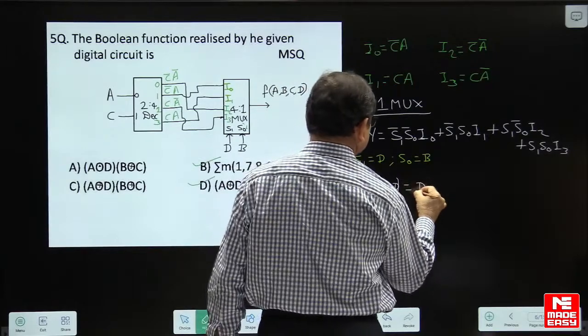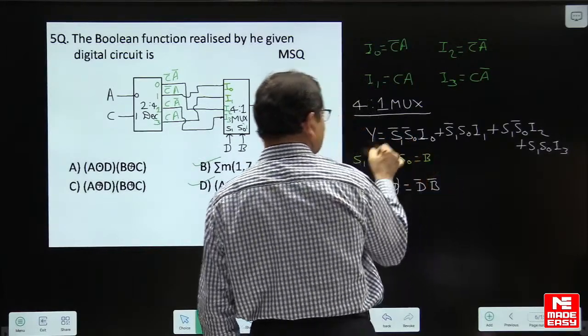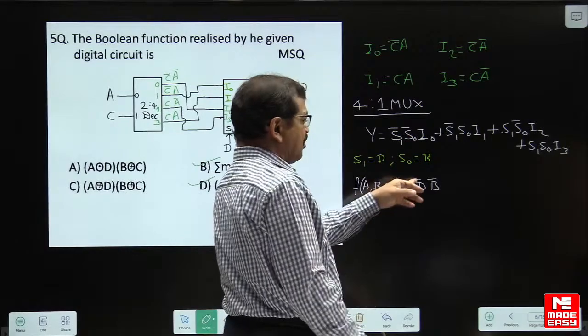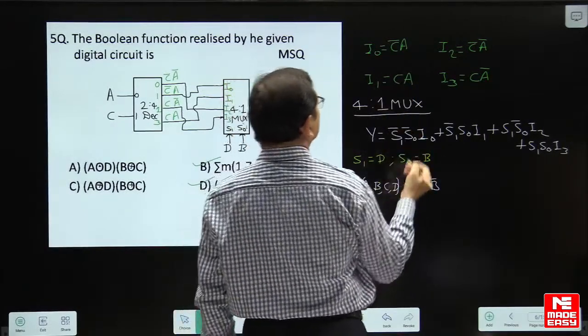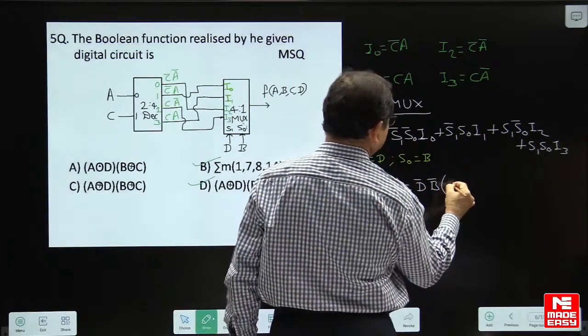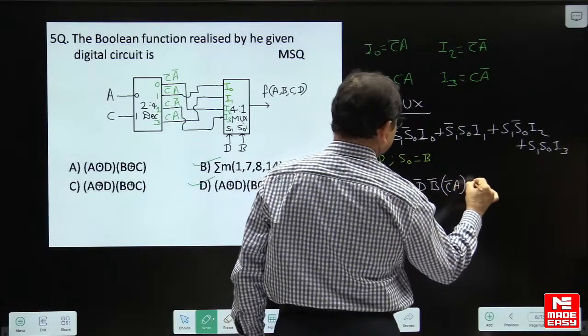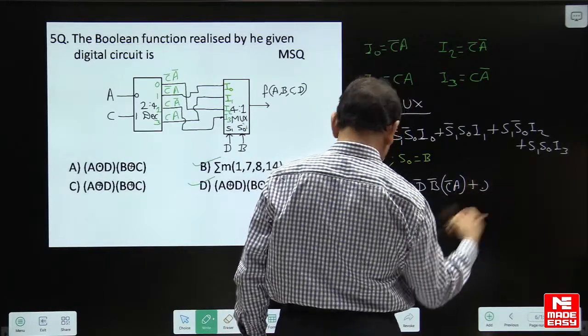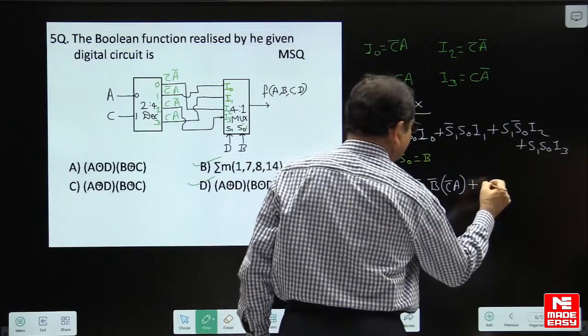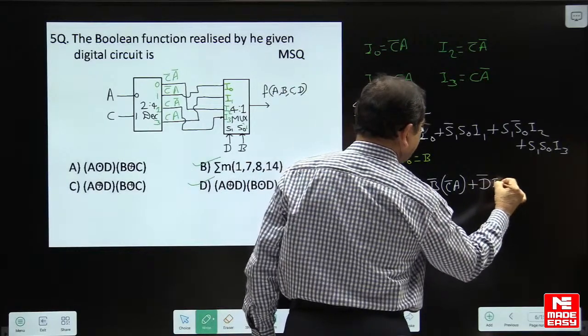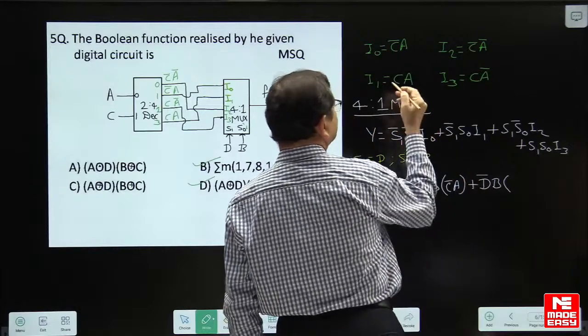So S1 is D, S0 is B. D complement, B complement, I0 is C complement A. Next D complement B, I1 is CA.